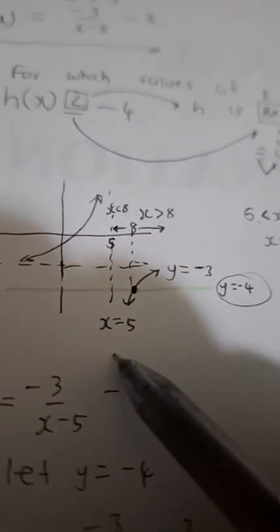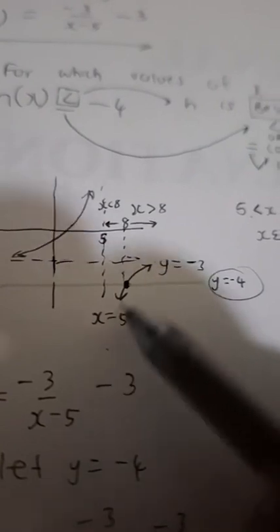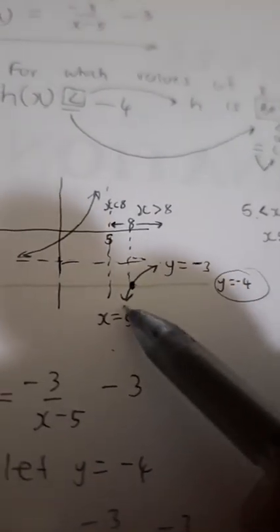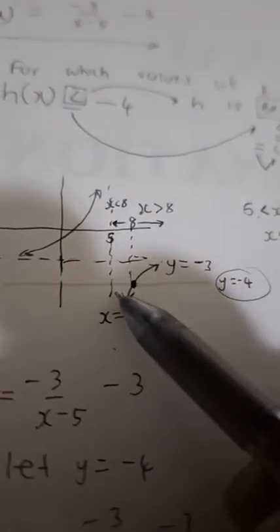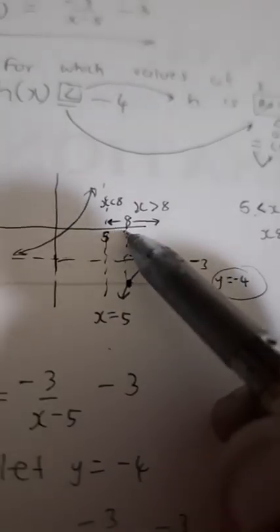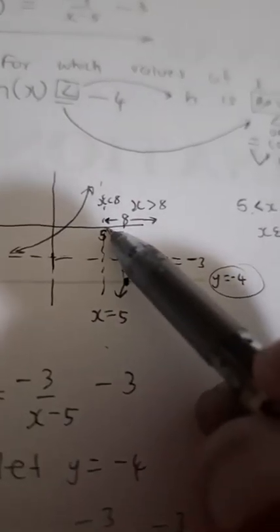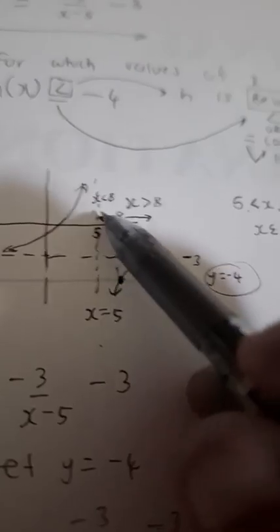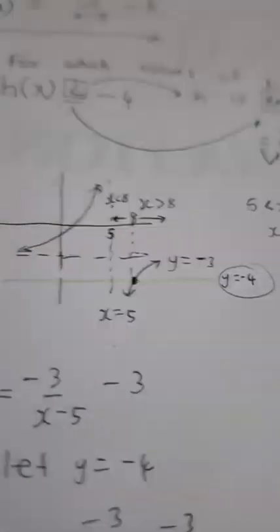Guys, here we know it is 5, our vertical asymptote. The function is below, but it is below only up until the x value that is after 5. On 5, the function doesn't exist. So we are not saying it's below at 5. That's why we are not including 5.